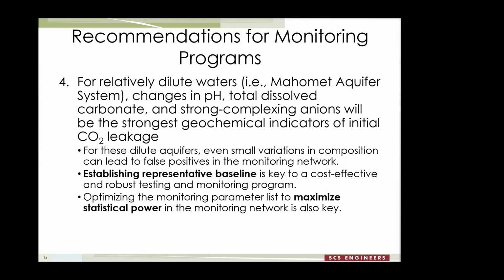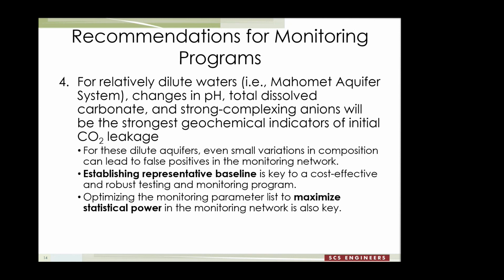Okay, this last point is more geared towards the case study results and the geochemistry of the aquifer itself. In general, for relatively dilute aquifers like the Muhammad Aquifer system, changes in pH, total dissolved carbonate, and strong complexing anions will be the strongest geochemical indicators of initial CO2 leakage.